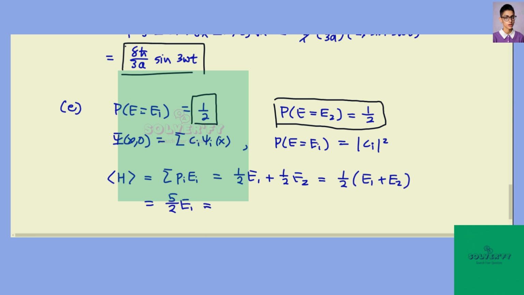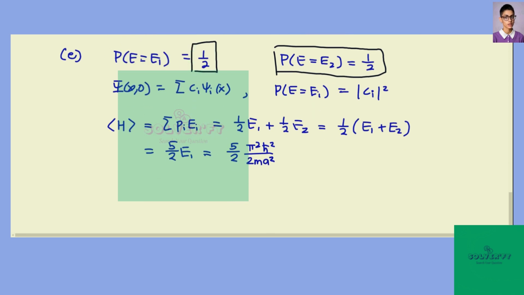This is 5 over 2 times pi squared h bar squared over 2ma squared. So the expectation value of the Hamiltonian is in between E1 and E2.